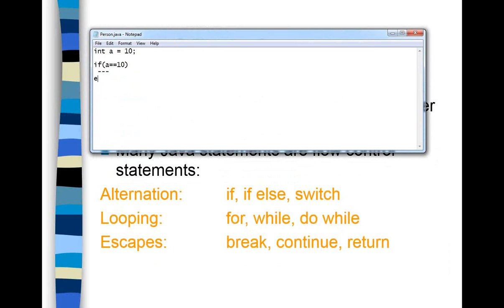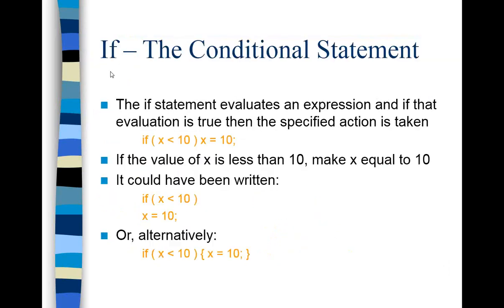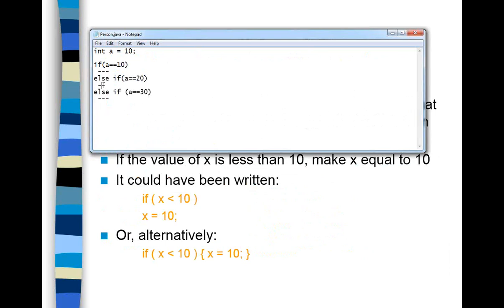Else if a is equal to 20, then do something. Else if a is equal to 30, do something. So you have multiple statements like this, right? If a is 10, then do this. If a is 20, then do this. If a is 30, then do this. So you have to write so many if-else statements.